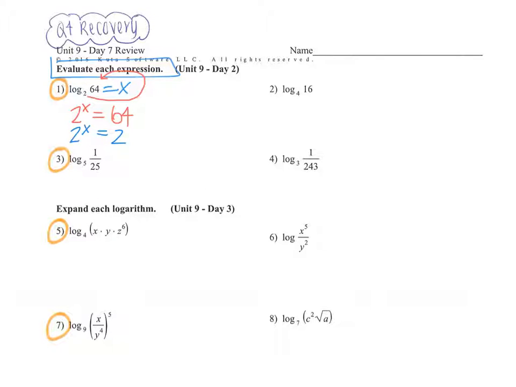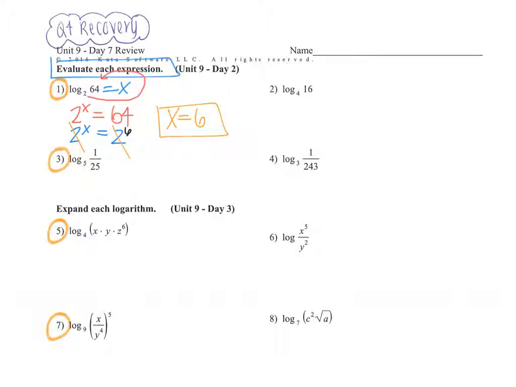Once you have it, put it on your paper. So I found 2 to the 6th power gives me 64. From here, because my bases, the big 2's, are the same, I can actually cancel them out. So now we're left with x equals 6.